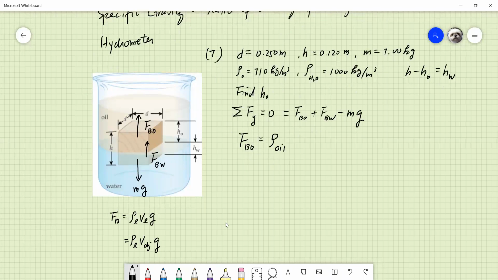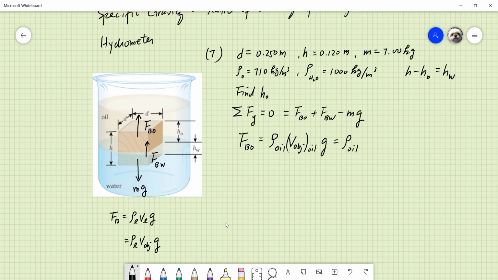But look at the oil part. What is the volume of the oil part? I'm going to write it as V object in the oil, times G.